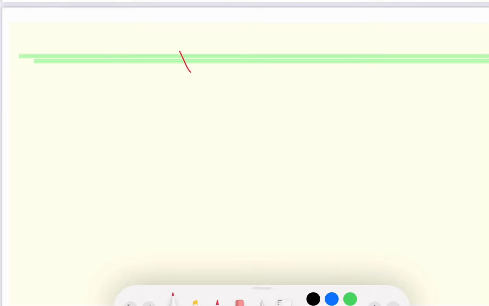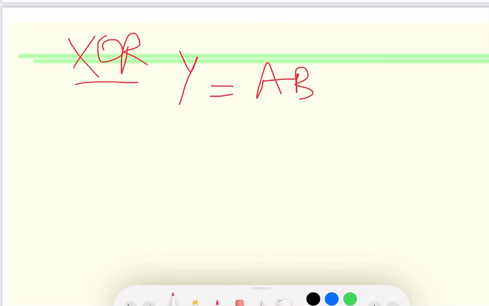It's the XOR, exclusive OR function, which is written as AB prime plus A prime B. We can see that we are given Y instead of Y complement, so we can create the pull-up network easily, since we have to have high at the output.